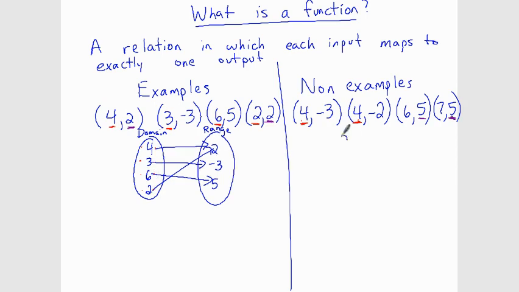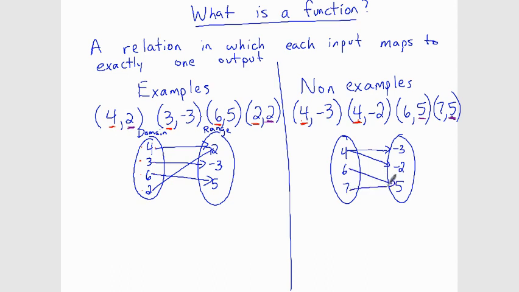So what would that look like in the non-example? There's my domain. There's my range. I know 4 already repeats. The fact that I would have to list 4 twice should stop me right there in the domain. But we'll continue: -3, -2, and 5. 4 gets mapped to -3. 4 also gets mapped to -2. 6 gets mapped to 5, and so does 7.